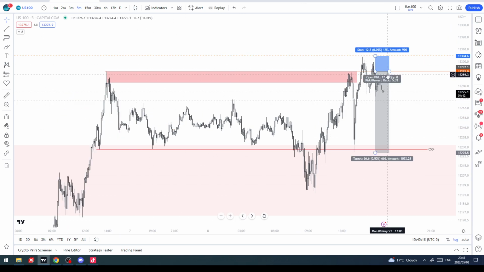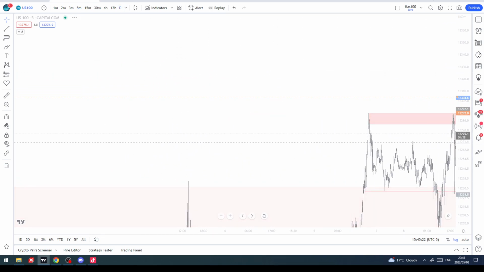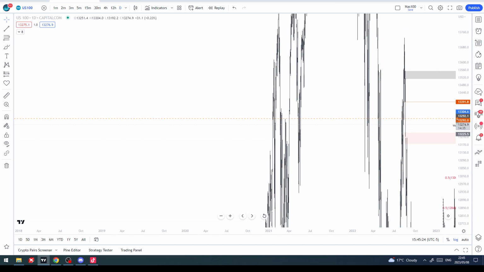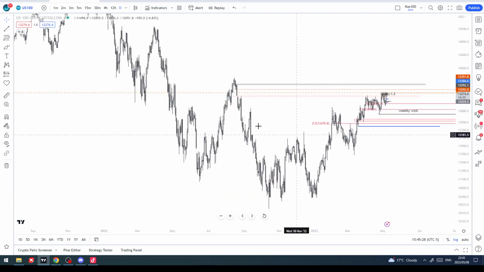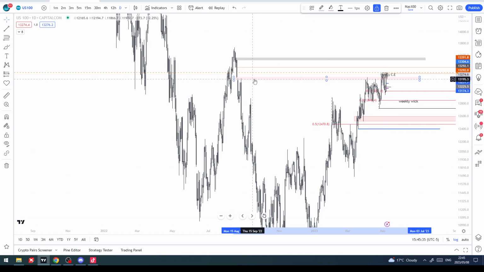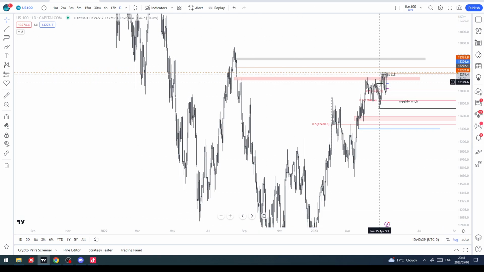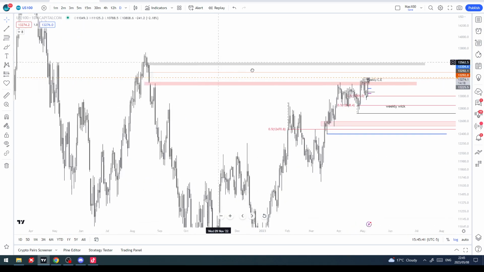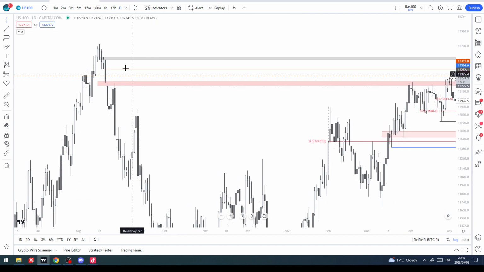Right, we'll come back down to the short setup that I'm currently in. On a daily time frame, we had this volume imbalance here, which we filled already. Let me just make this a bit darker. Right, volume imbalance has now been filled, but there is an order block all the way up here on a daily.